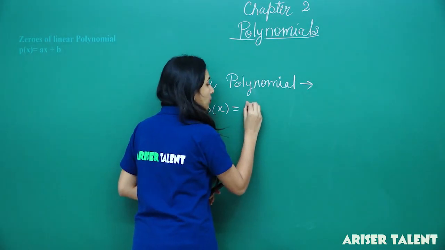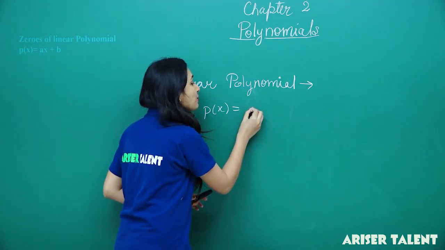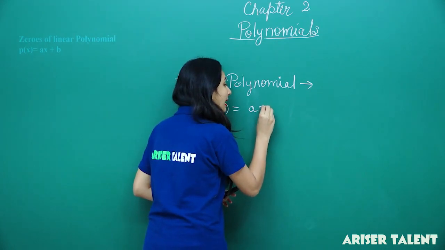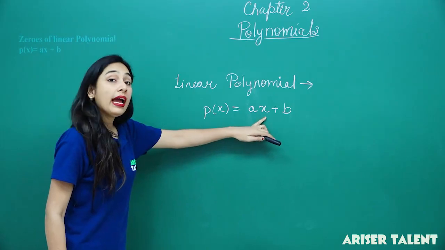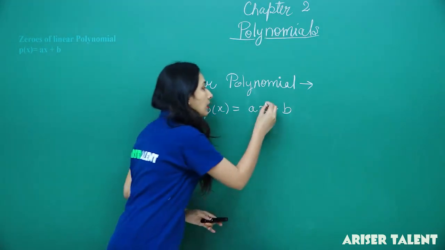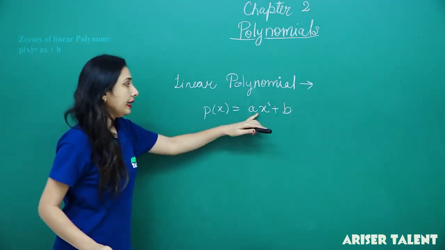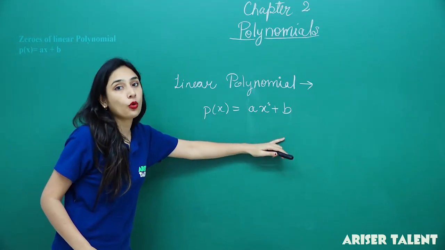If I have to write it in the simplest form, I will write it in a format like ax plus b. Here the exponent of x is 1, because it's nothing but x raised to power 1. So it's a linear polynomial.